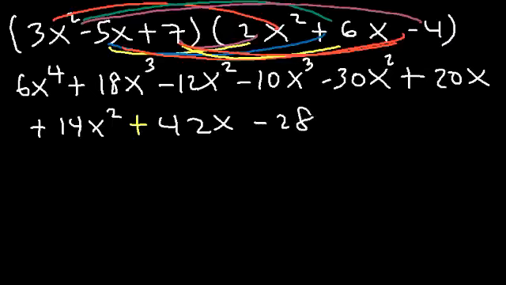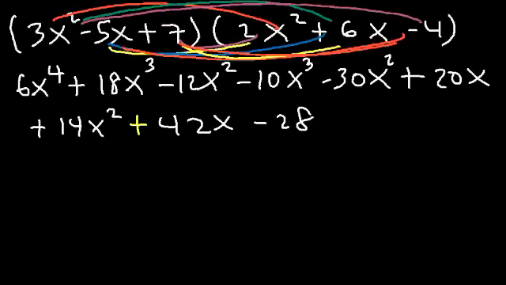So I'm just going to take a minute and double check everything, make sure I didn't miss anything. So I believe everything is correct up to this point. So as you can see, we have 9 terms at this point.